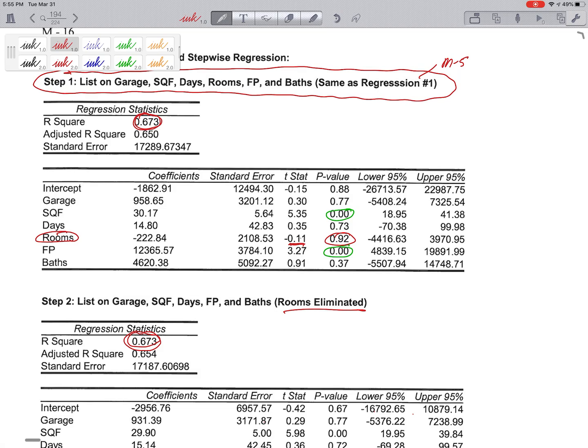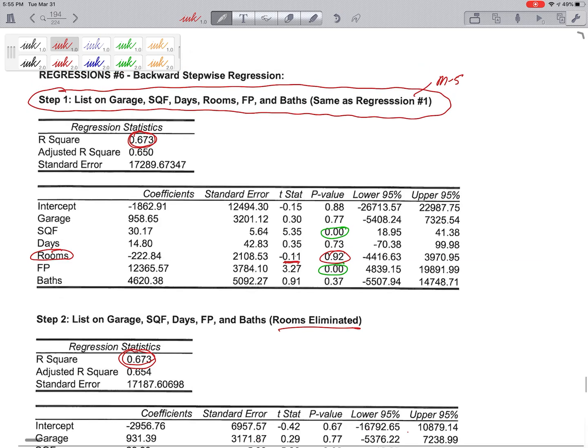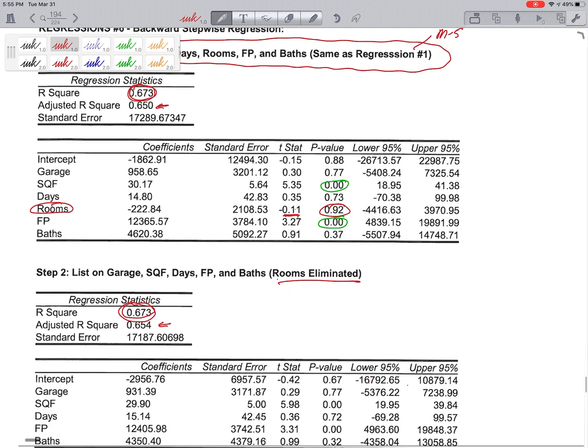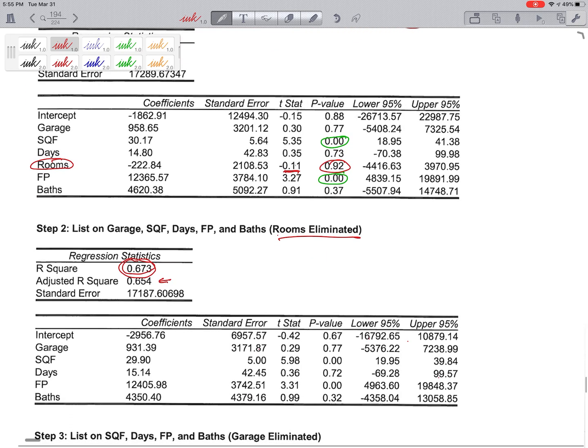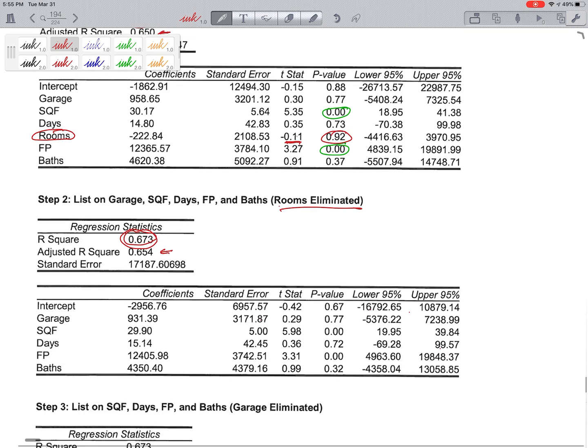Still 0.673, 67.3% of the variation in listing prices caused by those variables together. The adjusted R squared changes a little bit. It goes from 0.65, it creeps up a little bit to 0.654. So that's a good thing, actually, because we're getting rid of insignificant variables.